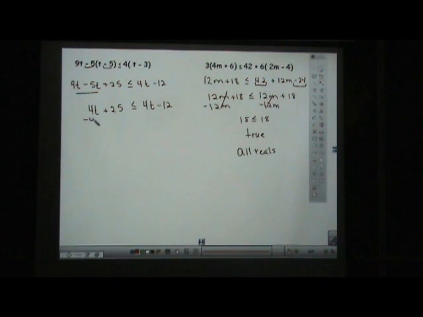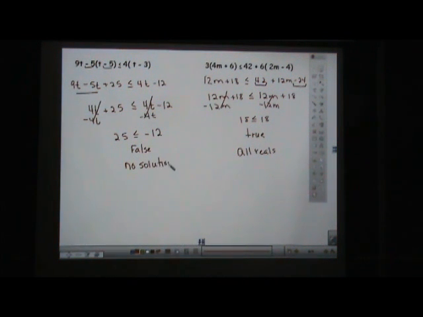Now when you go to subtract your variables so you can get them together on the same side, they go away on both sides again. They're eliminated. So 25 is less than or equal to negative 12. Well, 25 is bigger than negative 12. So this is false. That's going to never be true. So this would be a no solution.